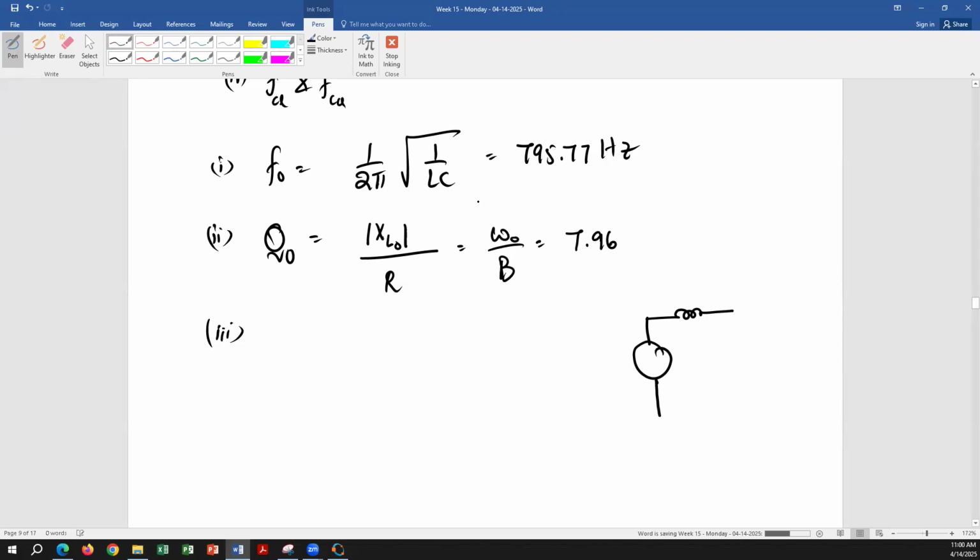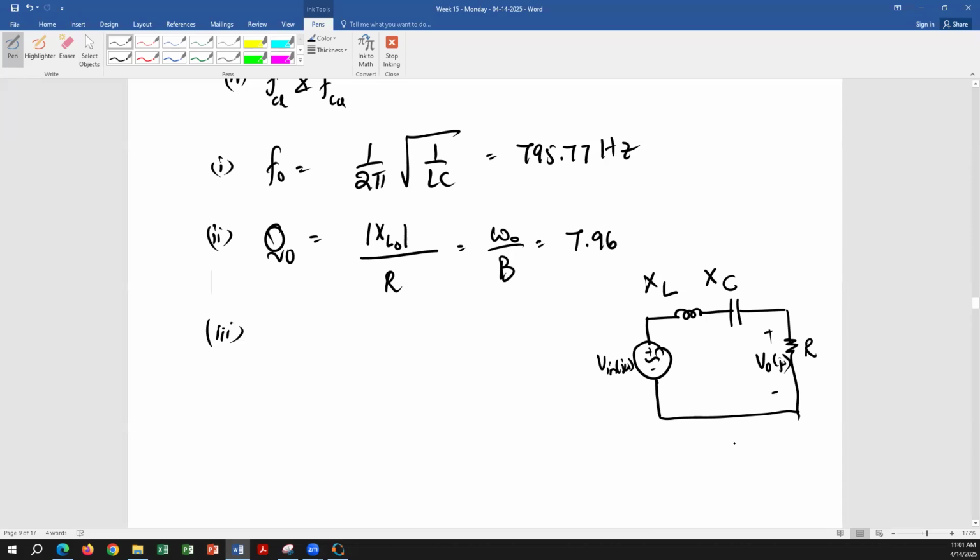XL naught over R, which we can also use omega naught over B. Okay.